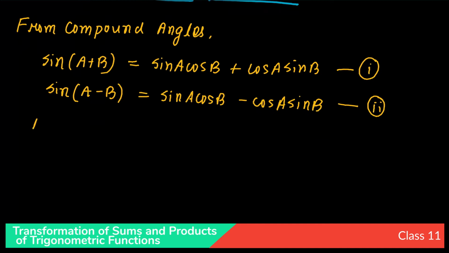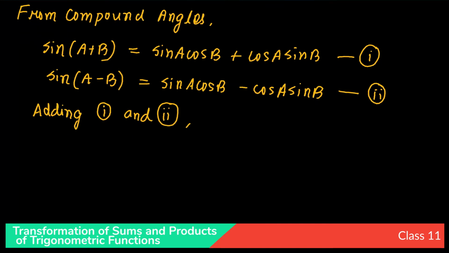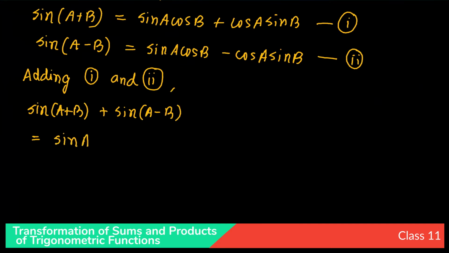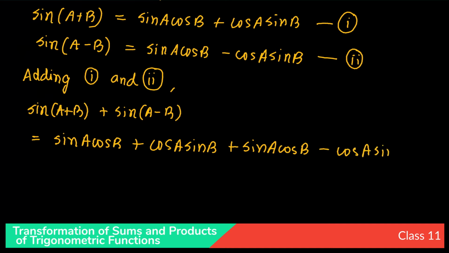Now I am adding 1 and 2. So what will I get? Sine of a plus b plus sine of a minus b is equal to sine a cos b plus cos a sine b plus sine a cos b minus cos a sine b.